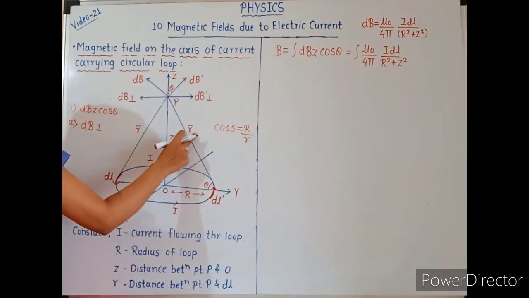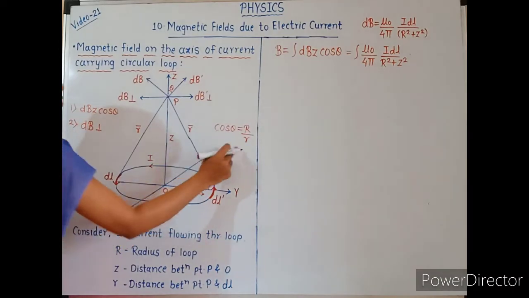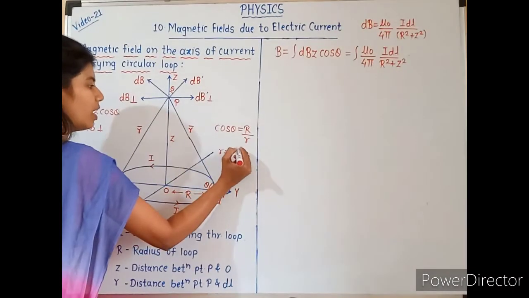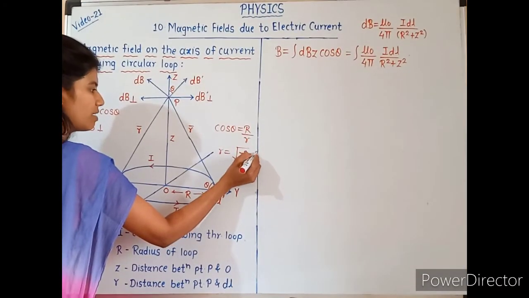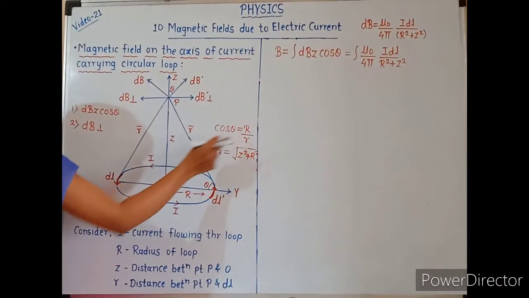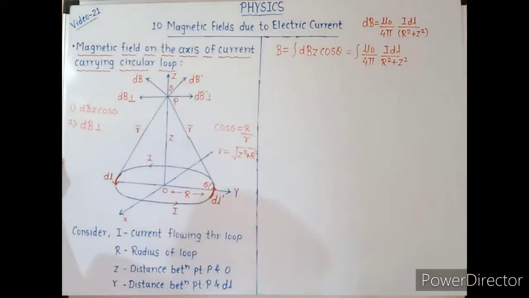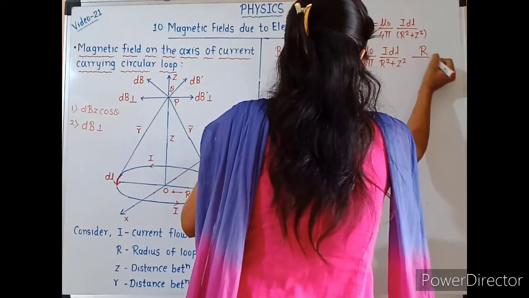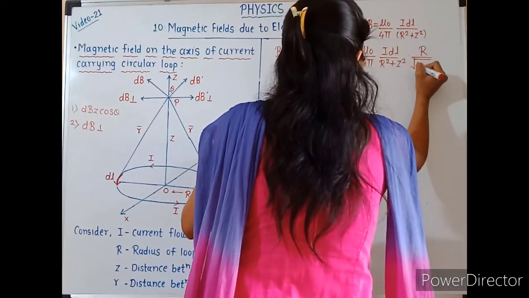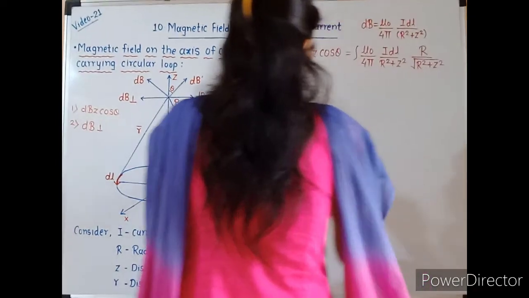Now this small r square is z square plus capital R square, so small r is equal to under root of z square plus R square. So cos theta is equal to R upon under root of R square plus z square.